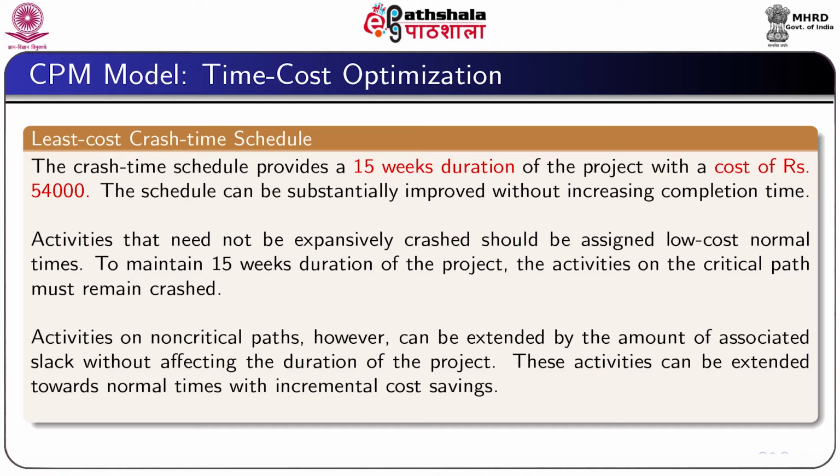Activities that need not be expensively crashed should be assigned low cost normal times. To maintain 15 weeks duration of the project, the activities on the critical path remain crashed. So, activities on the non-critical paths can be extended by the amount of associated slack without affecting the duration of the project.